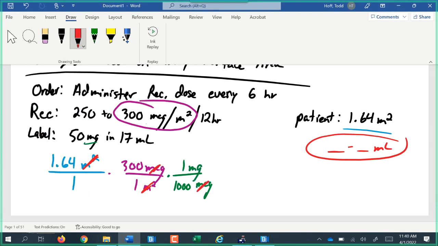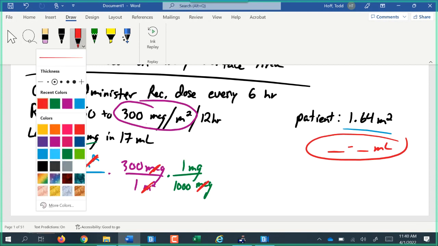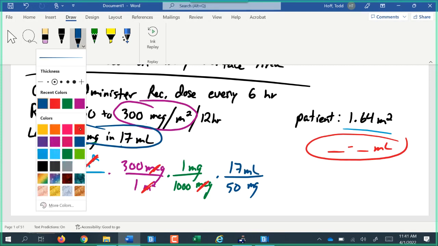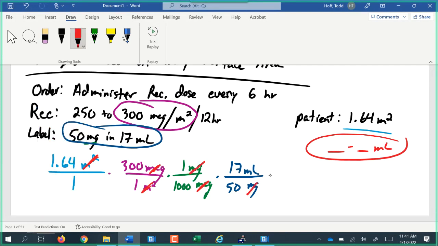And now that we're in milligrams, we can proceed to use the conversion from milligrams to milliliters. The milligrams on bottom, and it says 50 milligrams in 17 milliliters. So the milligrams will cancel out. And now we're going to be in milliliters, so let's go ahead and work through that.